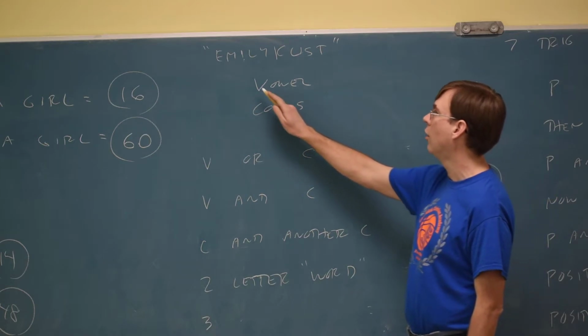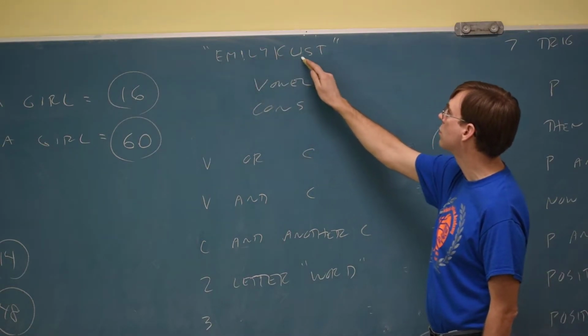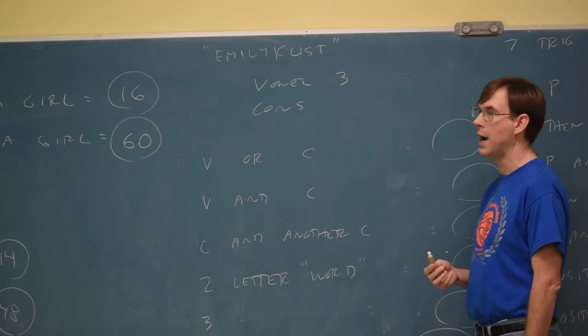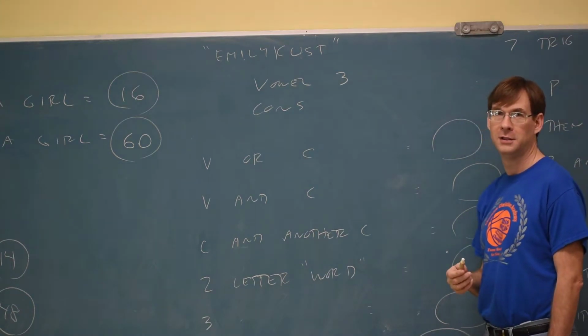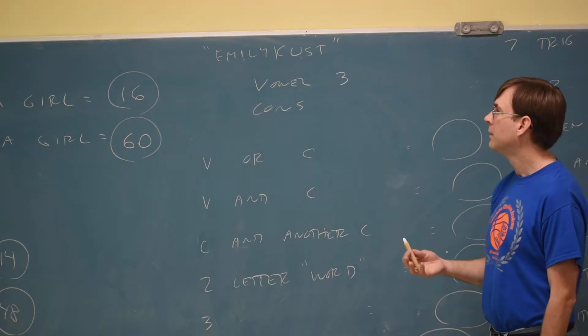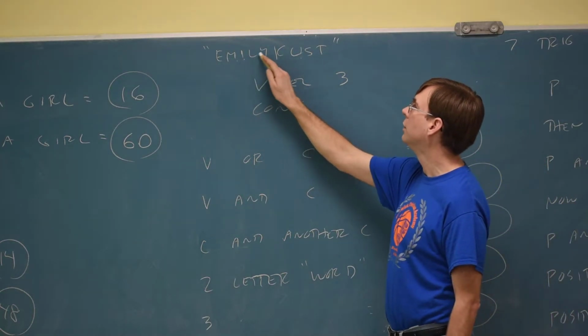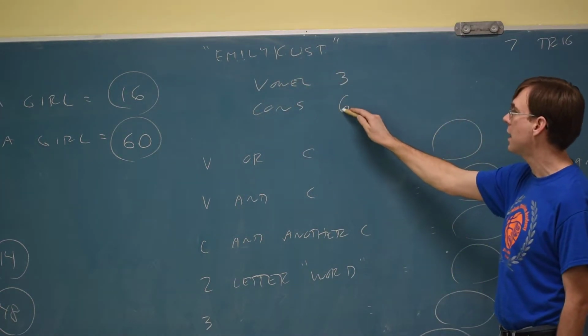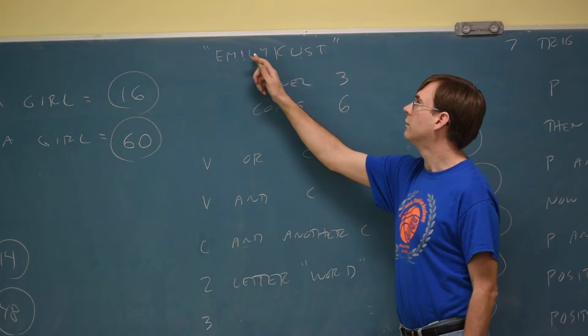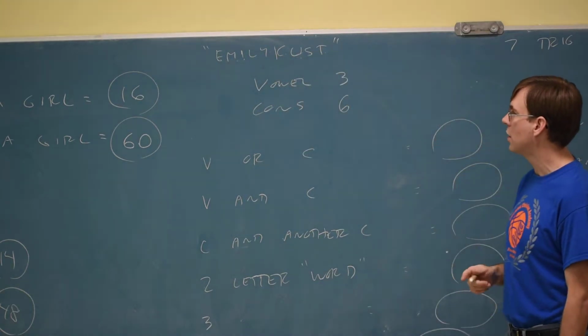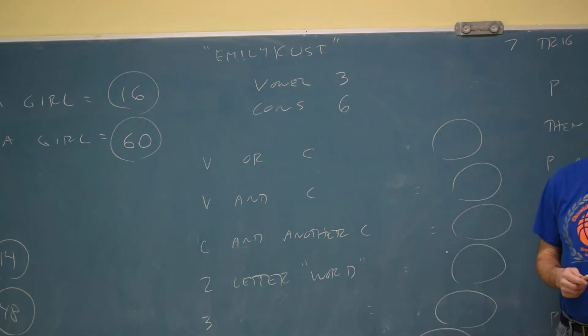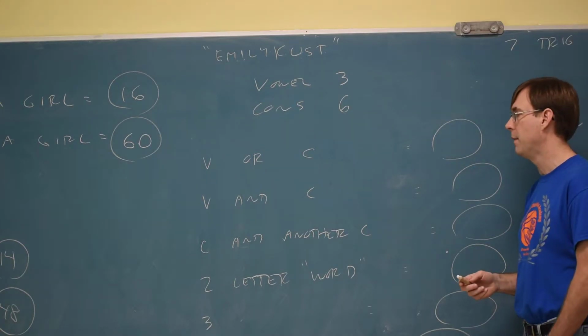Vowel count on her: 1, 2, 3. I'm not going to count the Y: A, E, I, O, U, sometimes Y, not today. Consonants: 1, 2, 3, 4, 5, 6. There, 9 letters total, so that works out. So we're going to be working off the 3s and 6s for a minute.